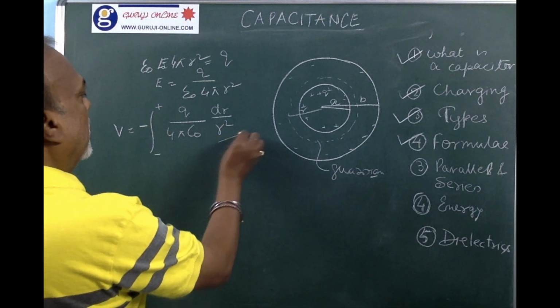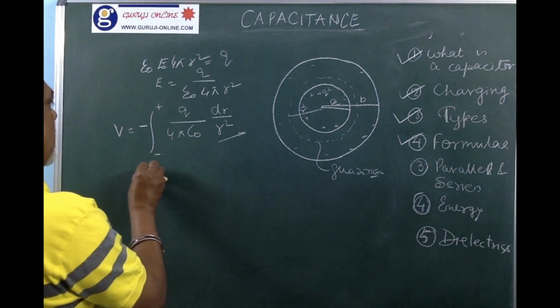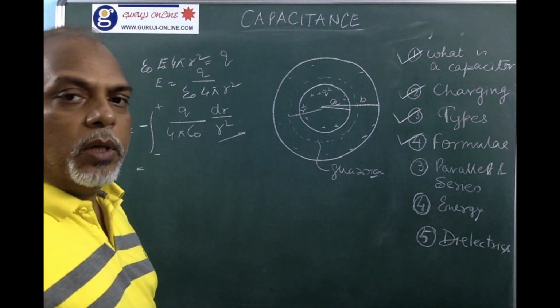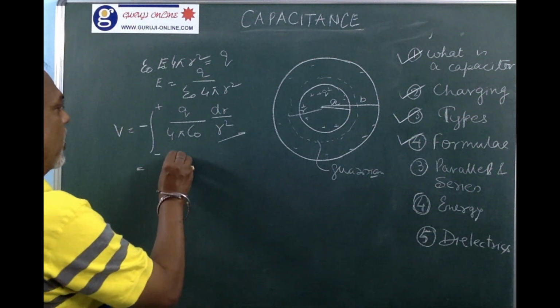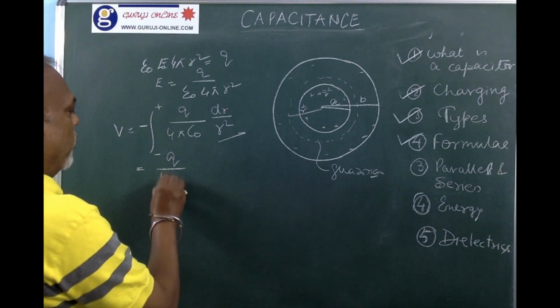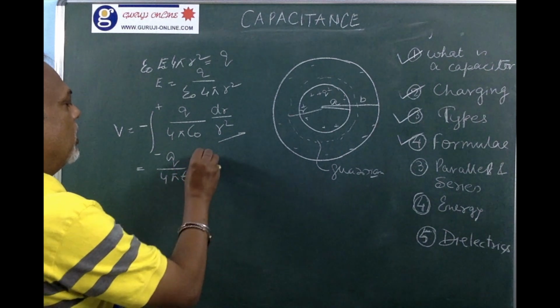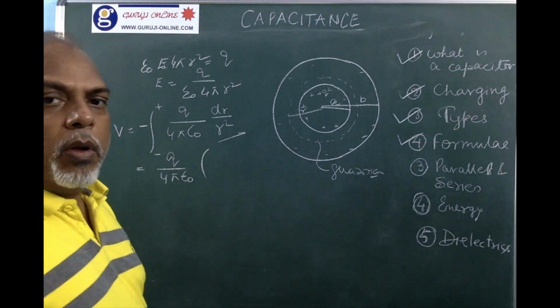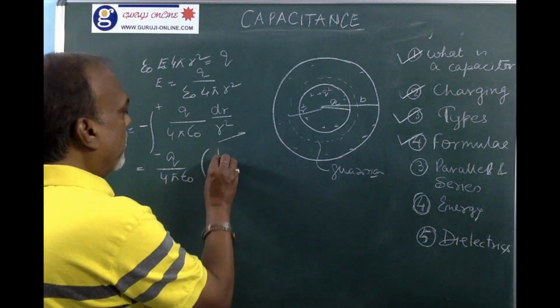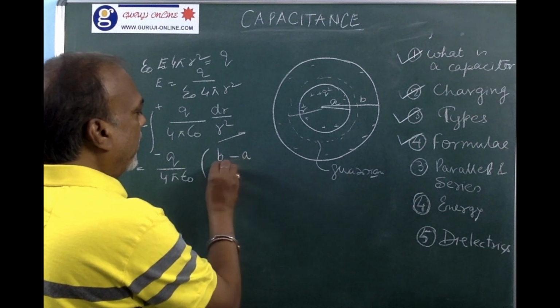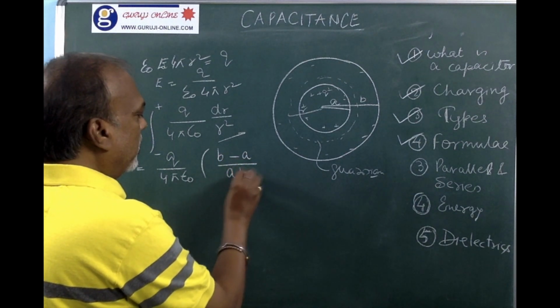Now, if you integrate this, you will get Q upon 4 pi epsilon 0 into (B minus A) upon AB.